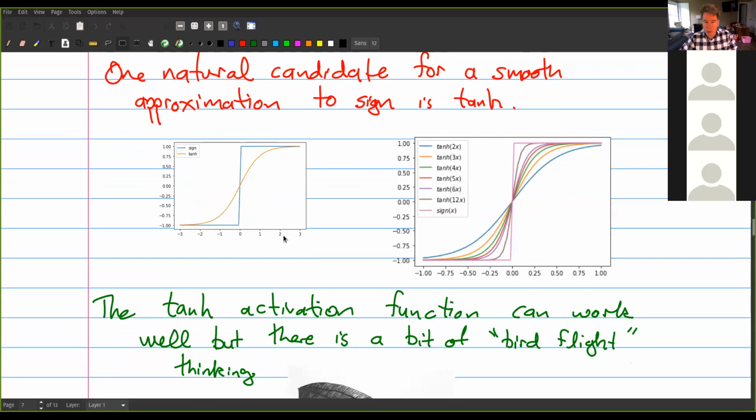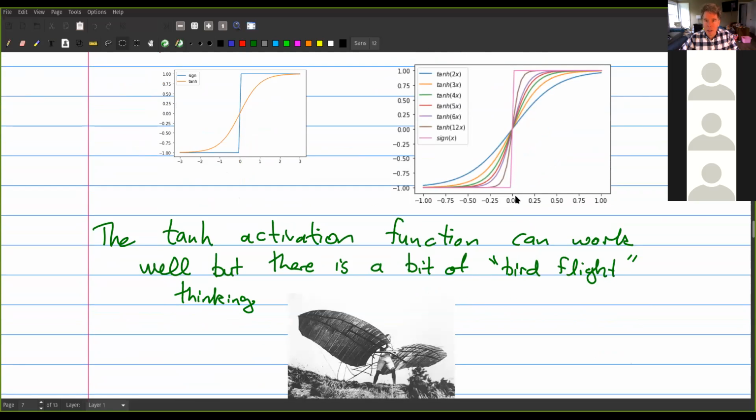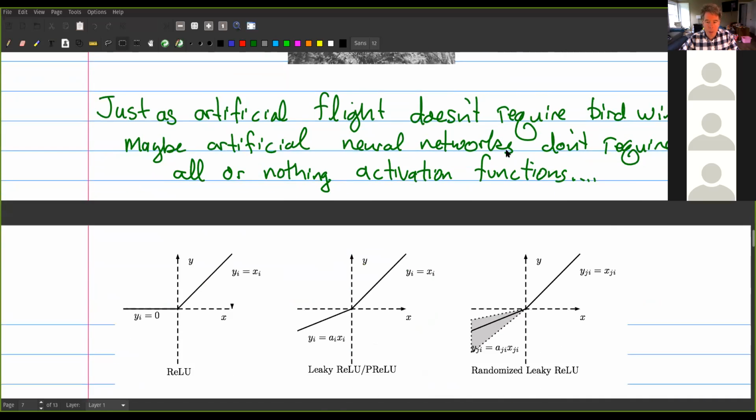That works well for lots of reasons. One reason is that it nicely approximates the sign function, and you can make it approximate the sign function as closely as you want, which isn't necessarily a good idea because remember the sign function doesn't work well. But you can make the hyperbolic tangent function approach the sign function if you want to.